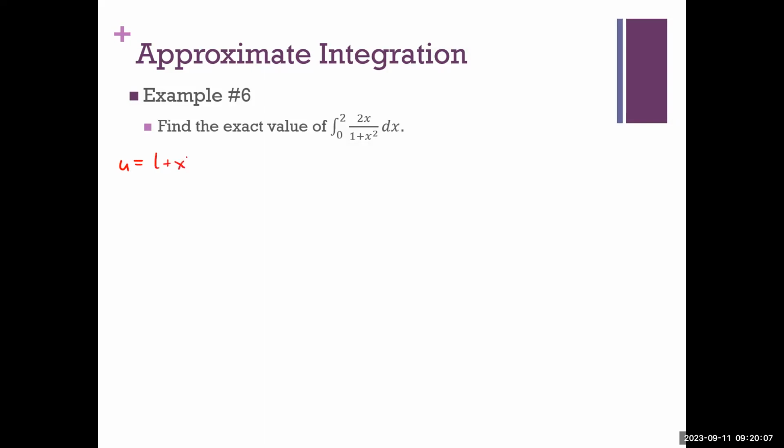Yeah, I got a vote for 1 plus x squared. If I do that, then what else do I have to deal with? du, which is 2x dx. Does that help me with this integral? The integral from 0 to 2 of... dx over, no, du over u, right?